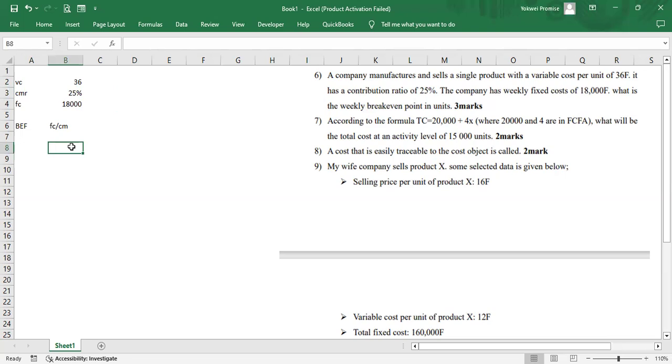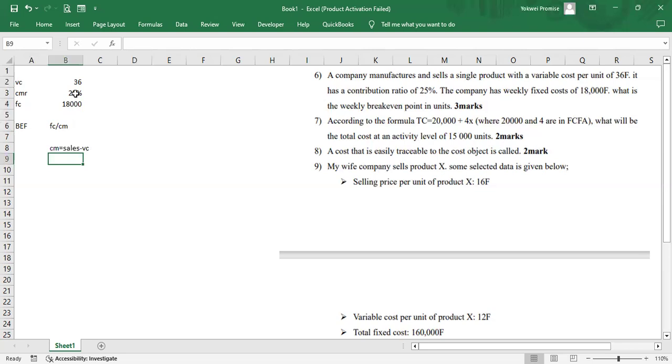So contribution margin is equal to sales minus variable cost. And then the contribution margin ratio will be contribution divided by sales times 100.